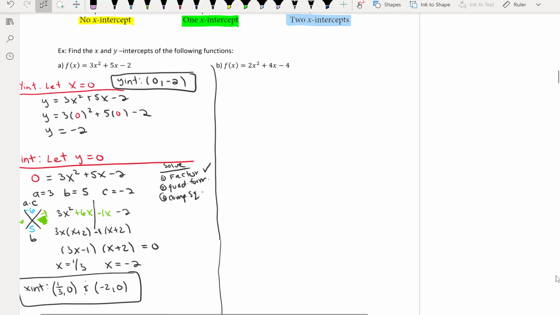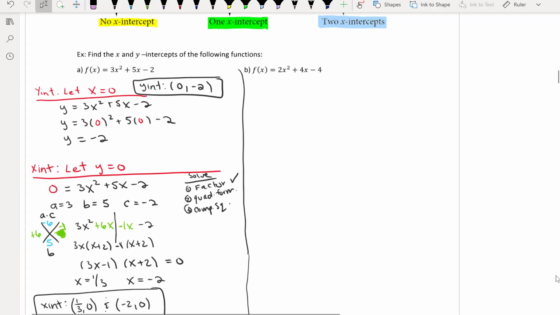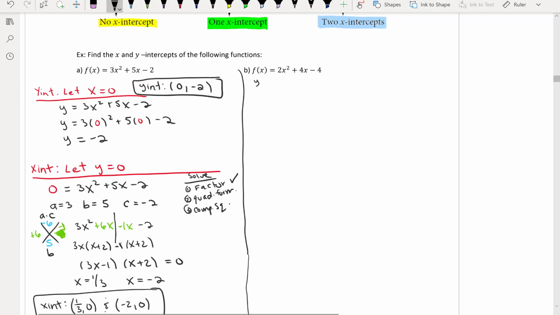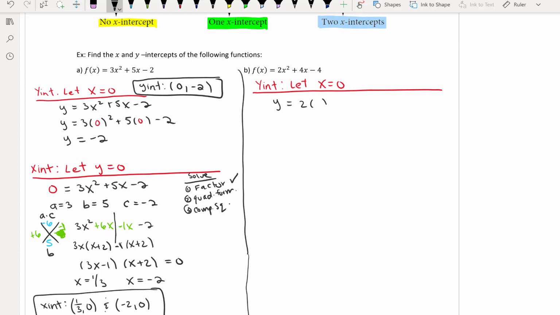So for part B, I'm going to try to do the same thing. So I'm going to find the y-intercept. So that means I'm going to let x equal to 0. So I'm going to have y is equal to 2 plus 4 minus 4.